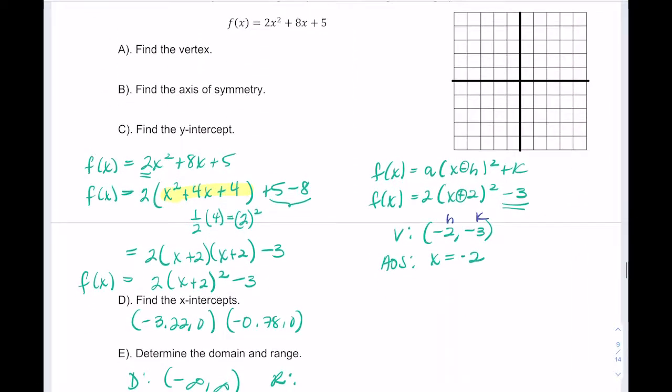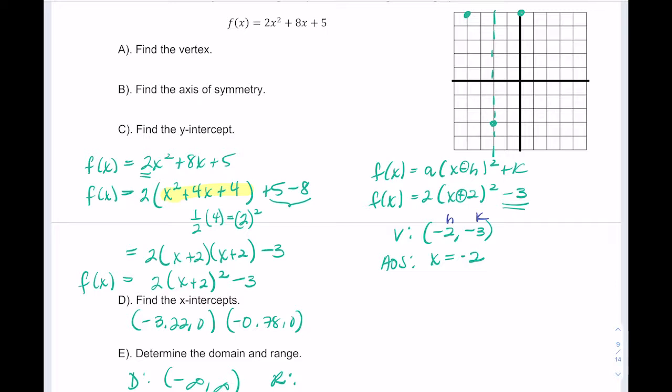So let's graph the vertex, negative 2, negative 3. My a value is positive, so I know it's concave up. My axis of symmetry is x equals negative 2. My y-intercept is 5. And I'm going to reflect that point.